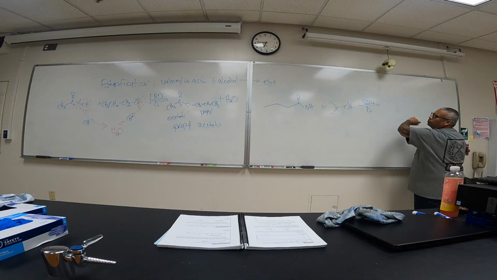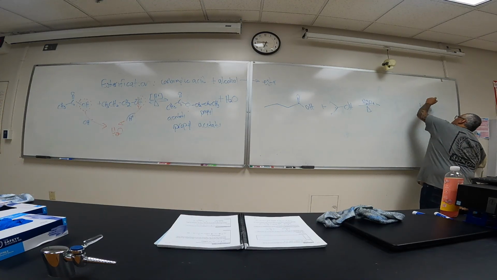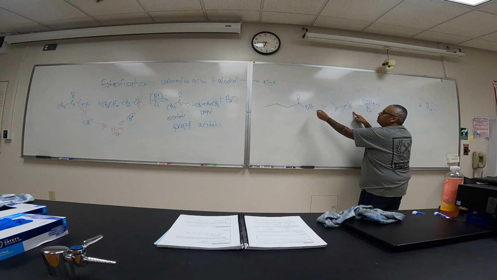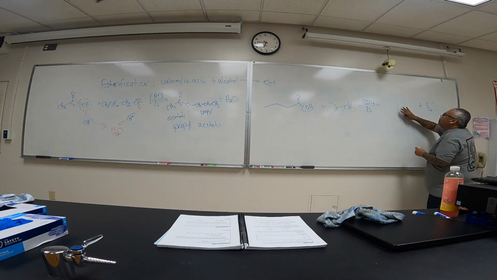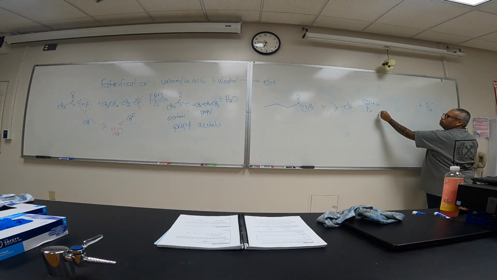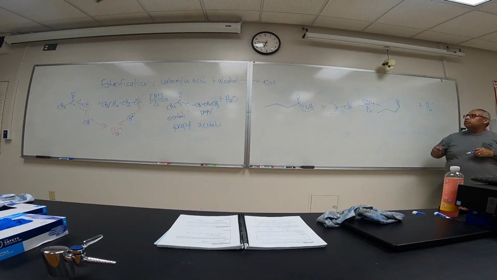The first thing we're going to get is some water. And the water comes from removing this and removing this. And the next step, the way I've always done it, is I redraw the carboxylic acid, but I draw it without the OH, because that part was removed in the reaction to make water.